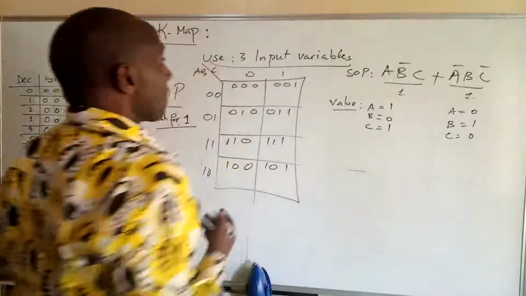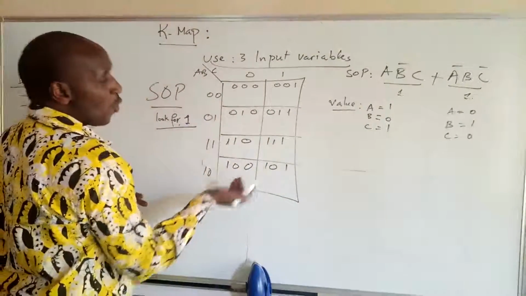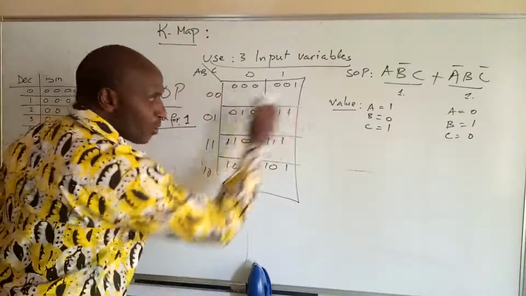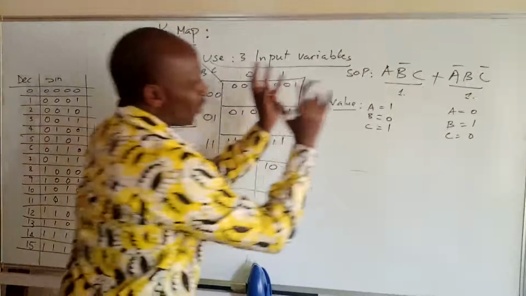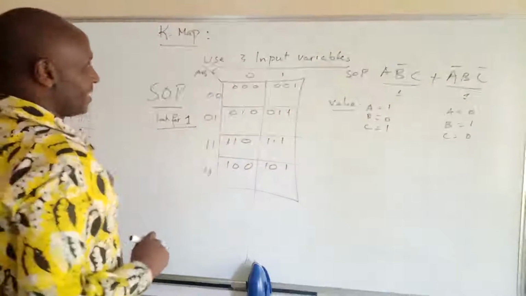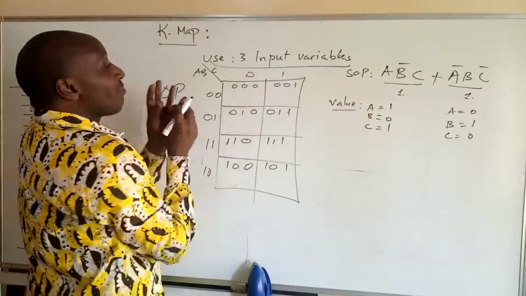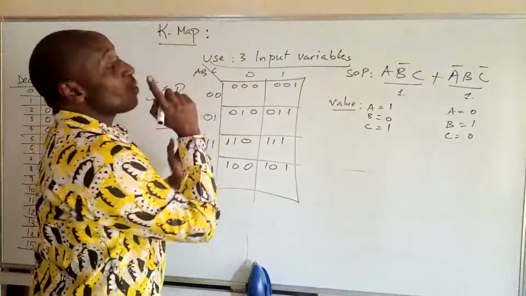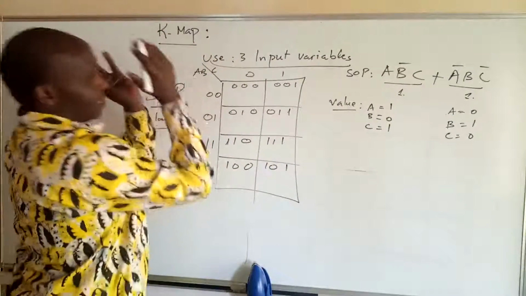So now, according to the values we have here, what are the variables in the corresponding product term? Remember, we want to have a 1, because it is a product.